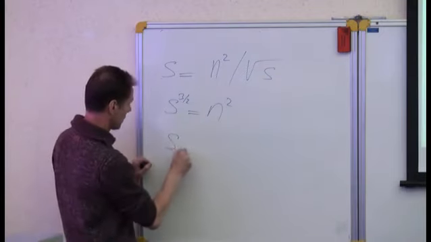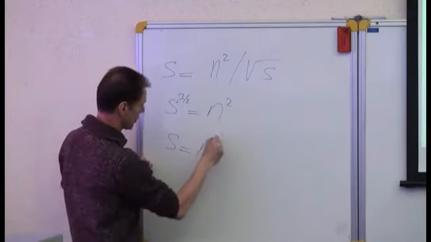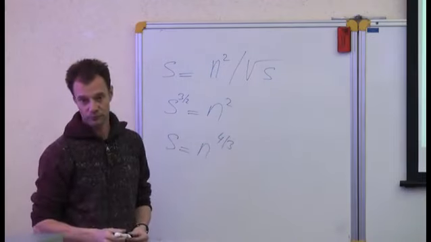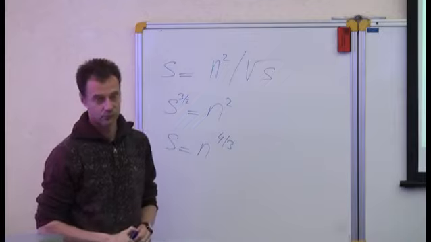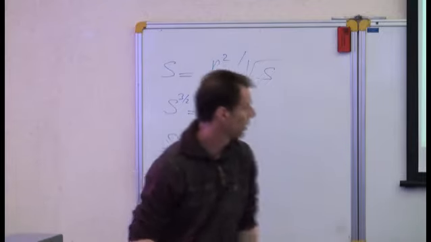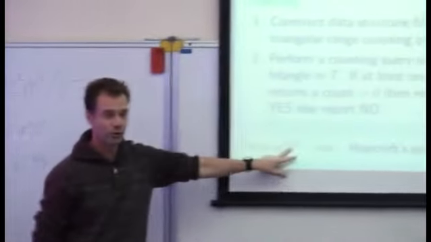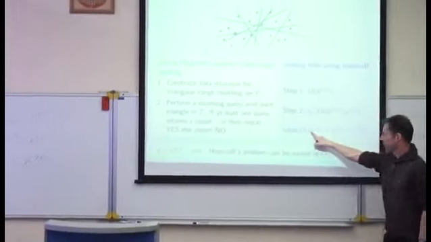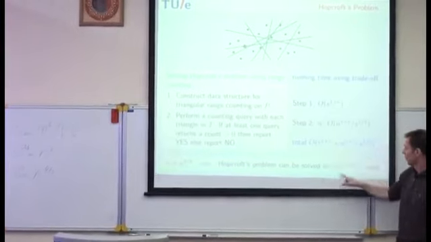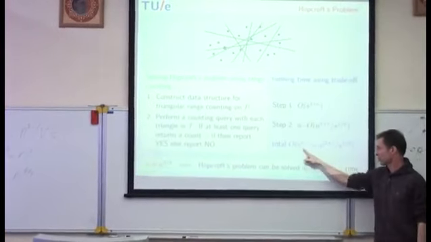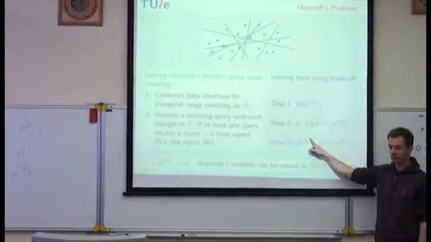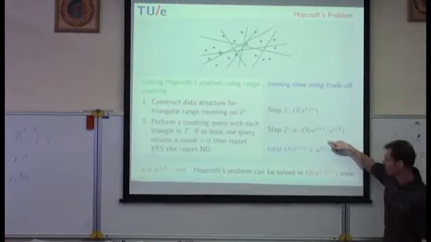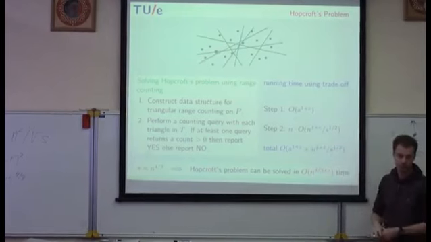So S equals n to the 4/3. Okay, so by picking S equals n to the 4/3, I get n to the 4/3 plus epsilon here. And of course this term I don't have to compute because I know it's going to be the same as this one.